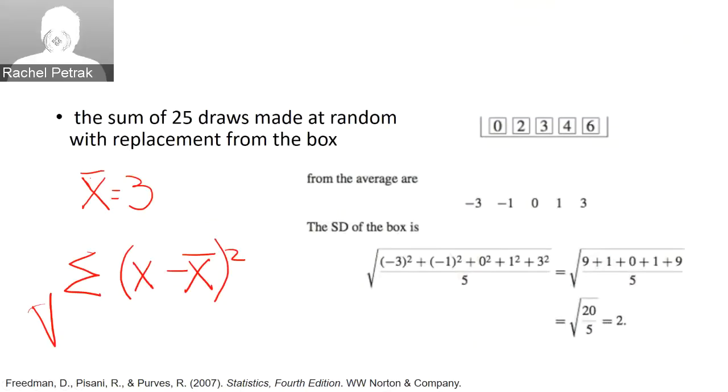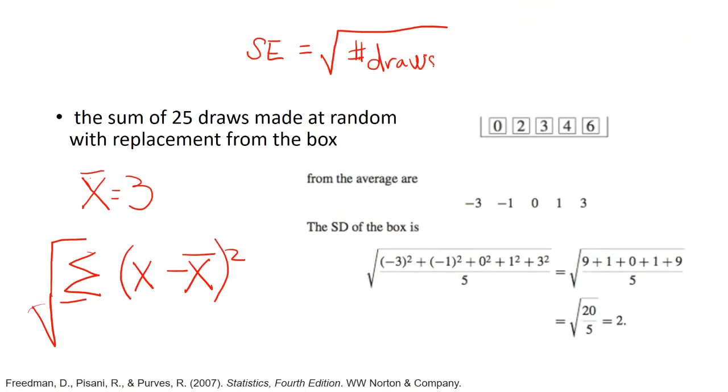If we want to find the standard error for these 25 draws made at random from this box, then we're already equipped to do it, because remember our standard error is equal to the square root of the number of draws times the standard deviation.